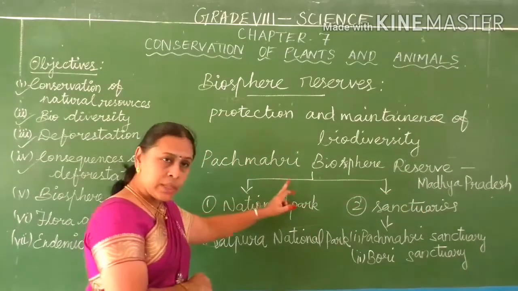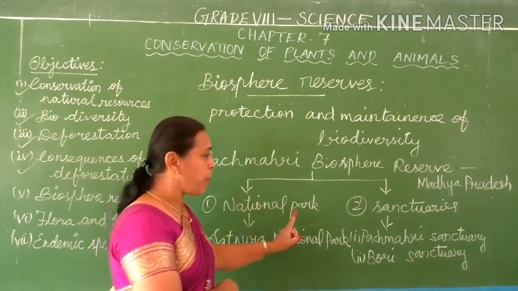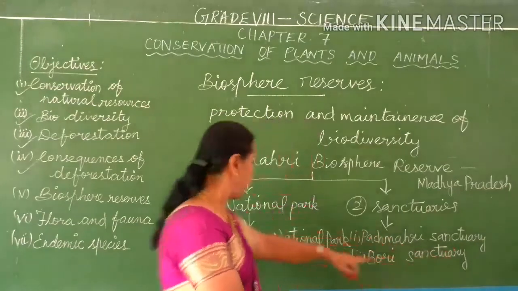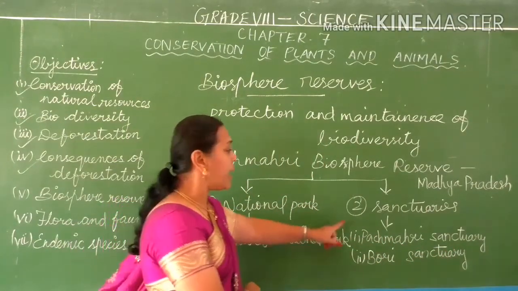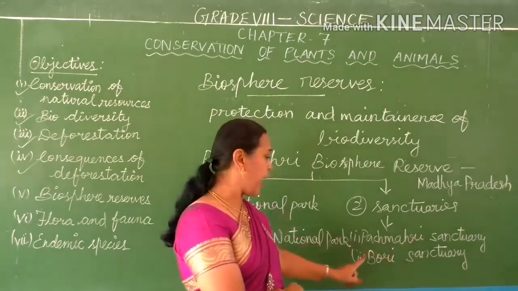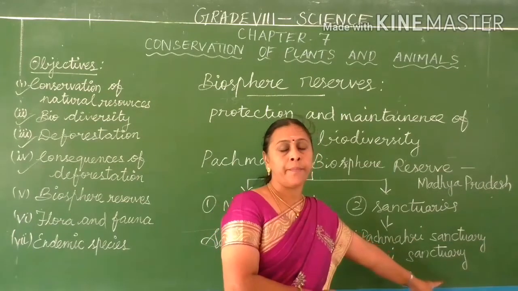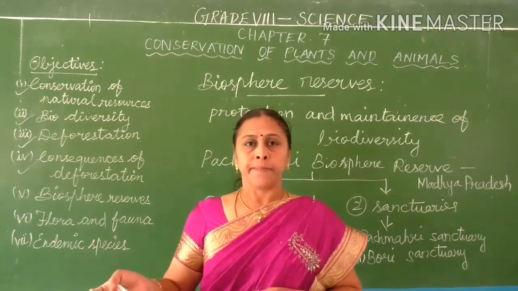This biosphere area consists of one national park and two sanctuaries. The national park is called Satpura National Park, and the two sanctuaries are Pachmarhi Sanctuary and Bori Sanctuary. In this, many wildlife are protected.